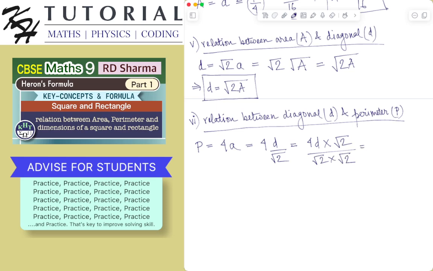This will make the denominator 2, and I have in the numerator 4 multiplied by square root of 2 D divided by 2. This is equal to 2 square root of 2 D. So we get the relation between P, perimeter, and the diagonal: perimeter is equal to 2 into square root of 2 multiplied by D. Again, this is not a formula you should remember, but you should always be able to derive this relation between perimeter and diagonal from the fundamental concepts and formulas of area and perimeter.